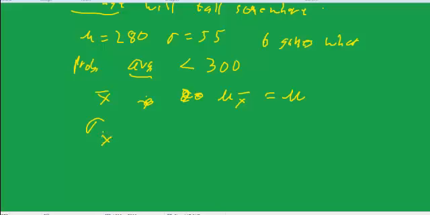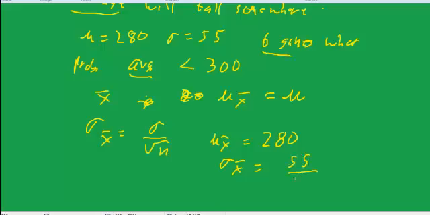Sigma of x bar is equal to sigma over the square root of n, where n is our sample size. So mu of x bar in this case is equal to 280, and sigma of x bar is equal to 55 over the square root of 6, since we're doing 6 games.